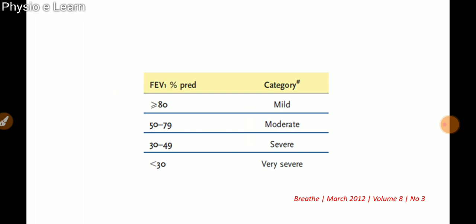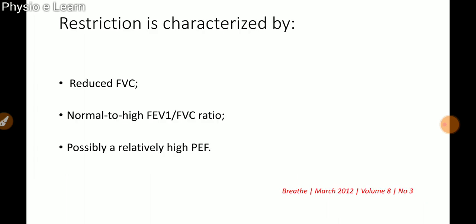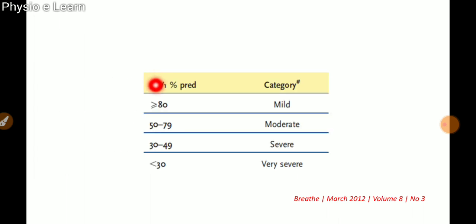Also, there is a classification of obstruction into mild, moderate, severe and very severe. If FEV1 is reduced but is more than 80% of the predicted FEV1, it is mild obstruction. If it is between 50 to 79% of the predicted FEV1, it is moderate. If it is between 30 to 49% of predicted FEV1, it is severe, and if it is less than 30% of the predicted FEV1, it is very severe.